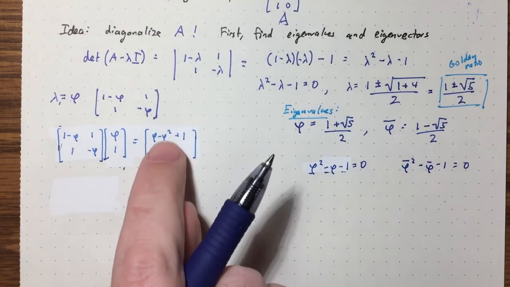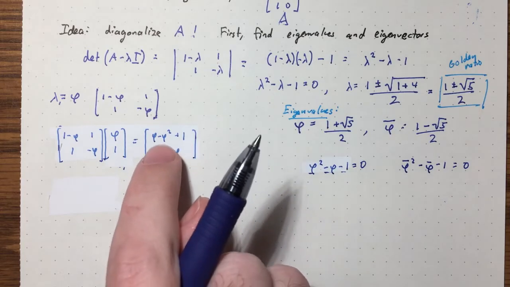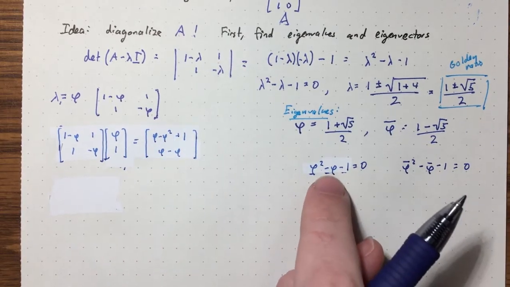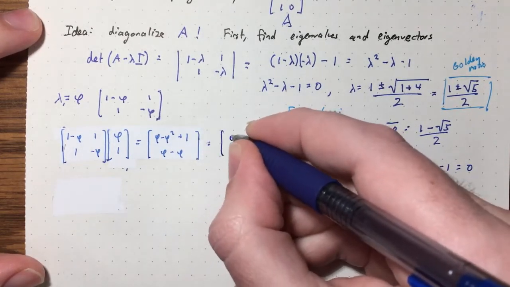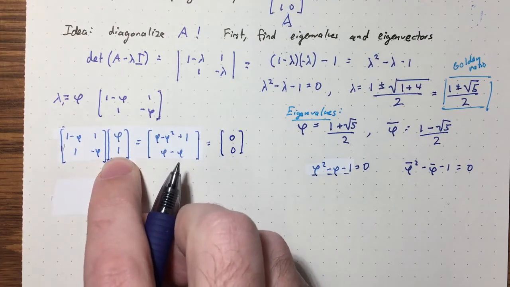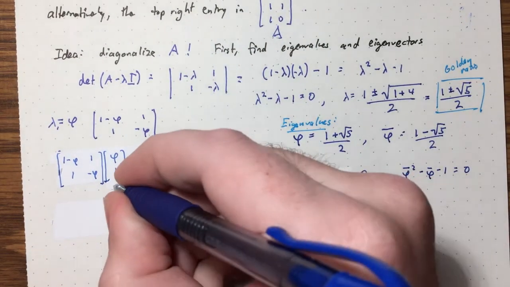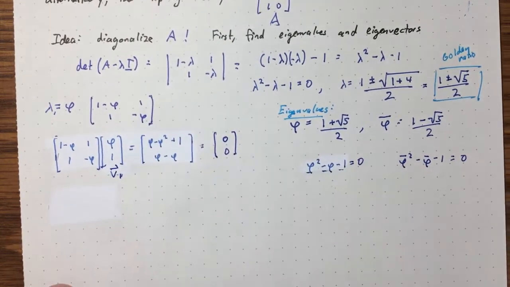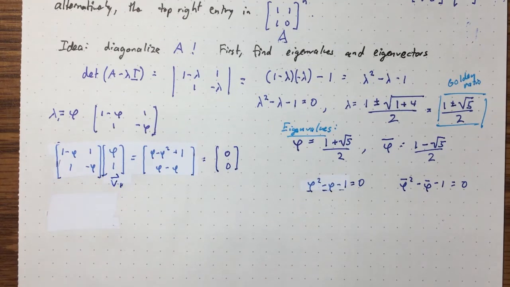So actually this top thing is just the negative of that. It's minus phi squared plus phi plus 1, but that's also 0. So this is actually just 0, 0. Nice. So this is in the null space. So this should be an eigenvector for the matrix A. Okay, so this is my first eigenvector: phi, 1, where phi, you remember, is this number.